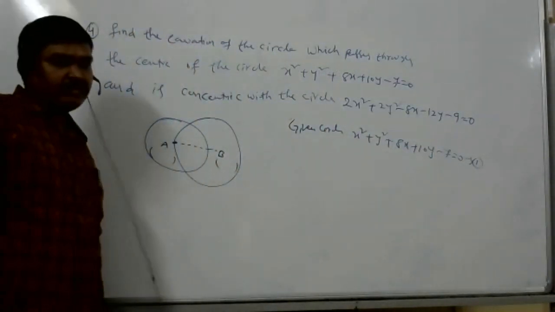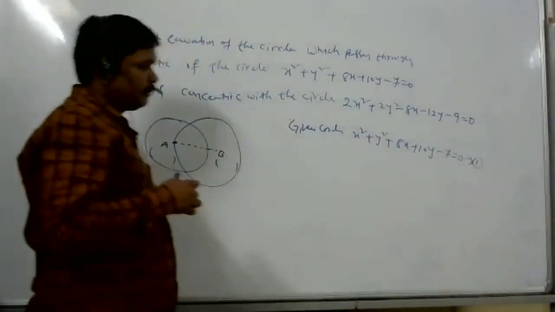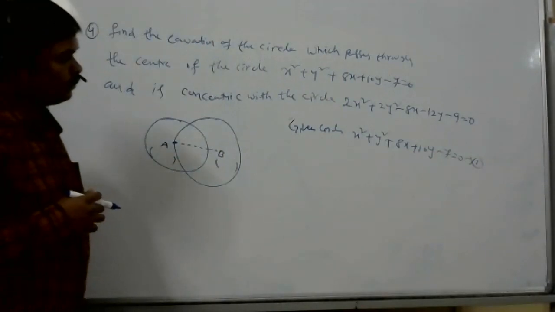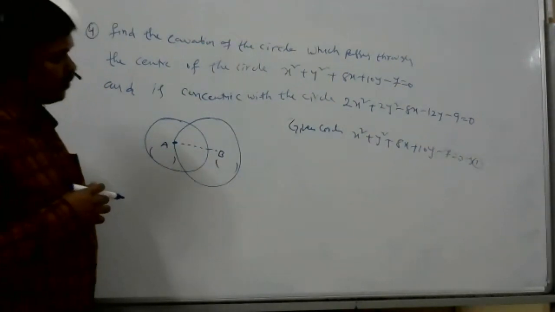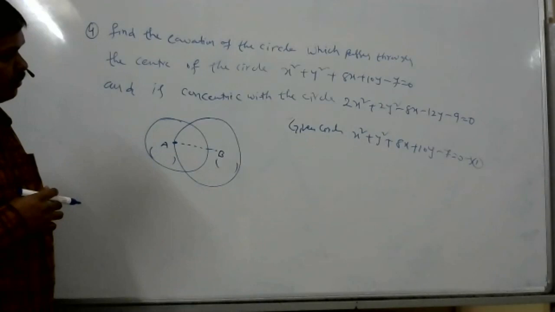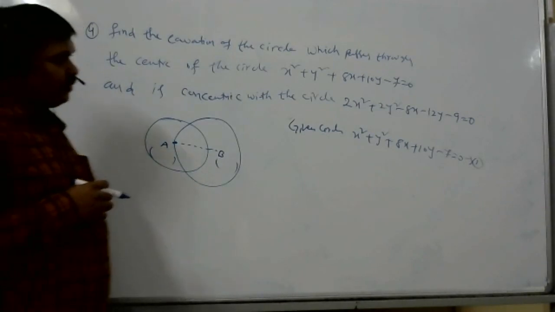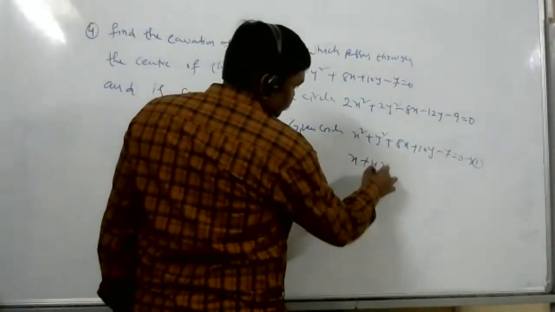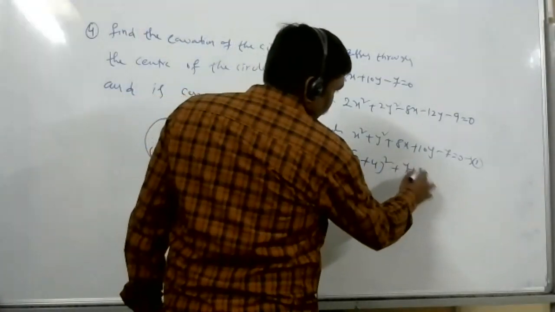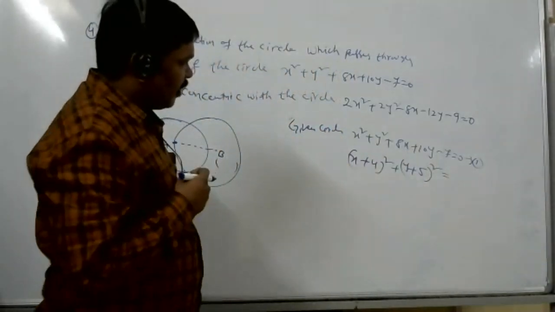First circle center: (x plus 4) whole square plus (y plus 5) whole square is equal to 48.